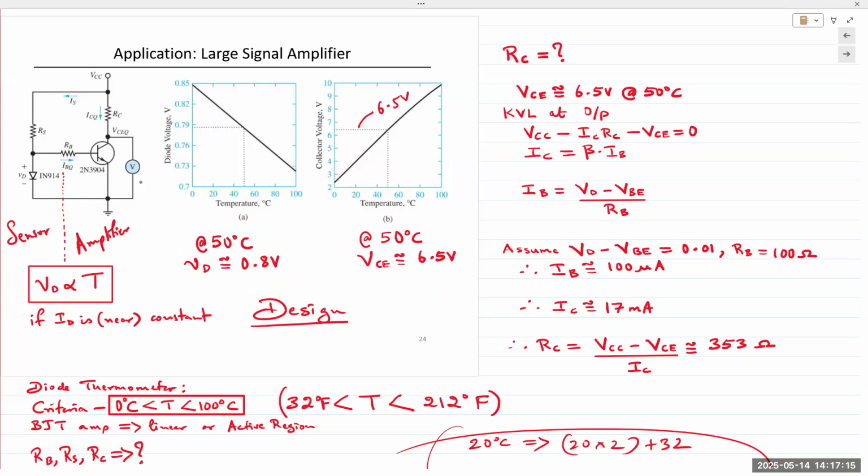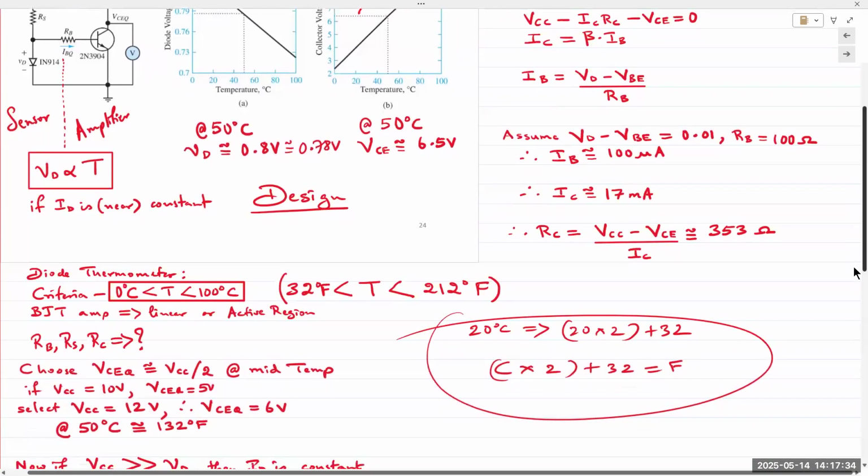And the diode voltage is approximately 0.8. Technically, what I see here is 0.78. For convenience's sake, let's use 0.8. It makes it easier to calculate.